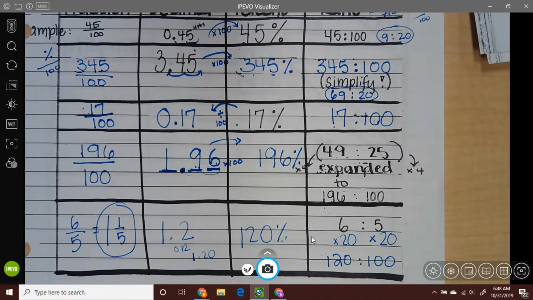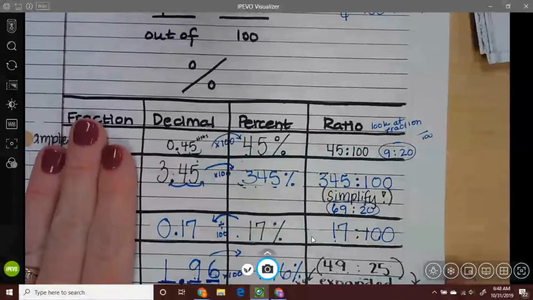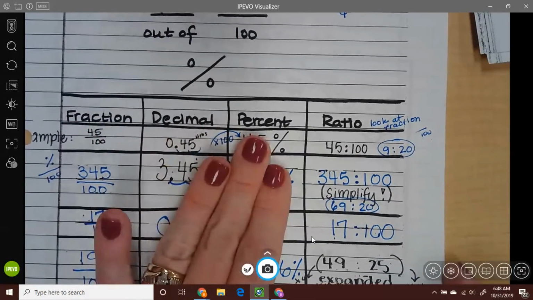So that's just how you would convert fractions to decimals or decimals to fractions, and then to percents and vice versa, and to ratios. So you can convert all the way between those.